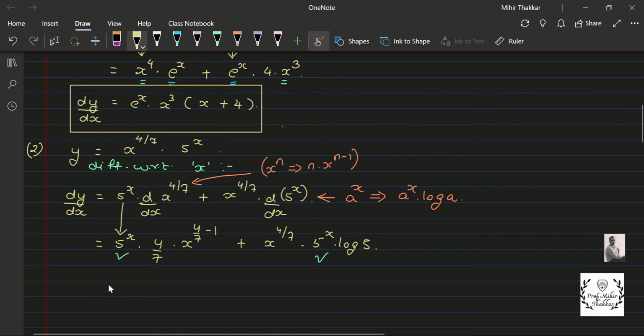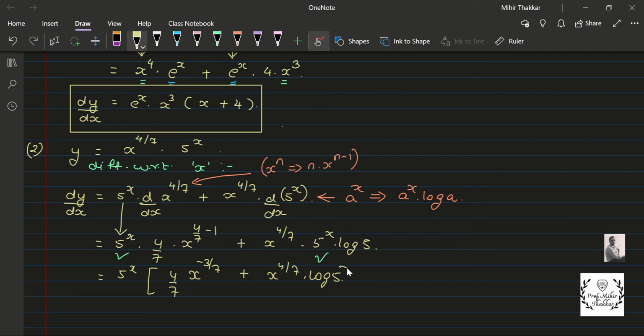Now in order to simplify, I can take out 5 raised to x common from both terms. So when I take out 5 raised to x common, I get the answer, 5 raised to x. This 4 by 7 will be there as it is. X raised to 4 by 7 minus 1 will become x raised to minus 3 by 7, plus we leave this x raised to 4 by 7 over here and log 5.